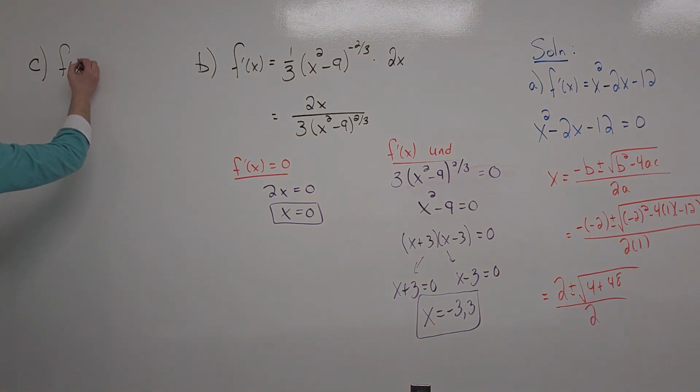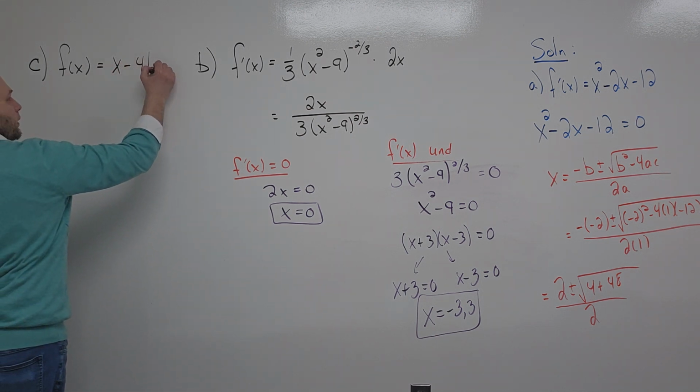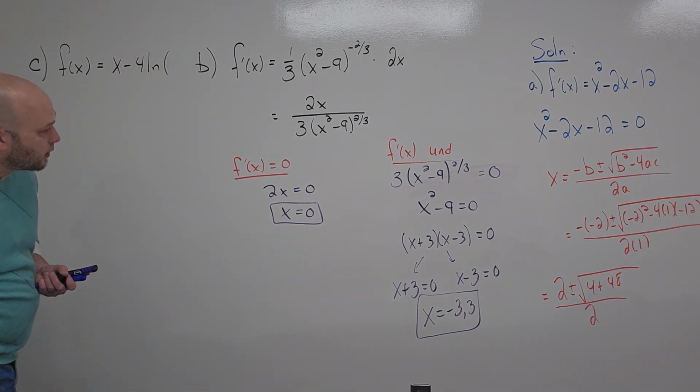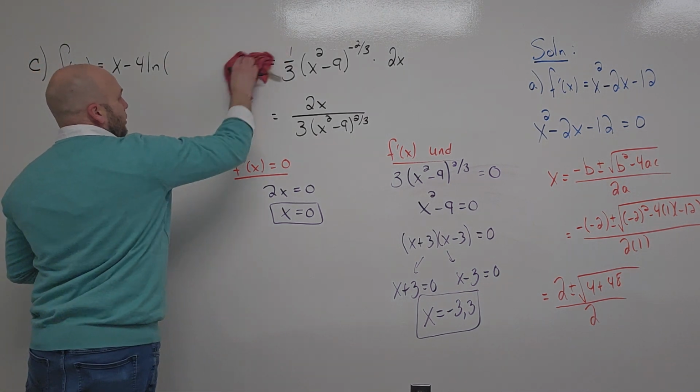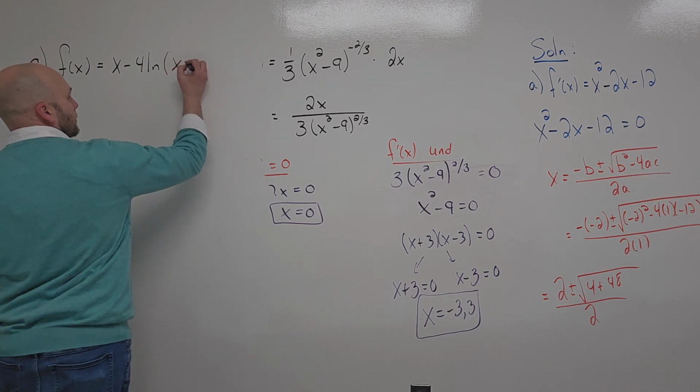As a reminder, the function we were looking at in part C was x minus 4 natural log of x minus 1.